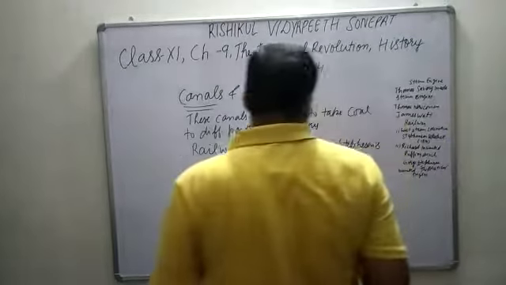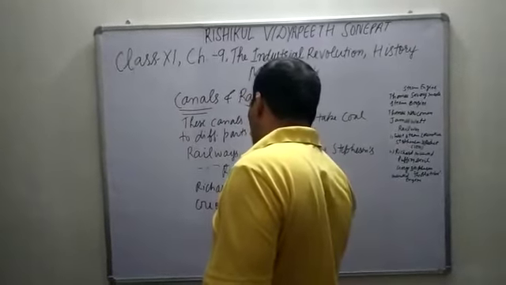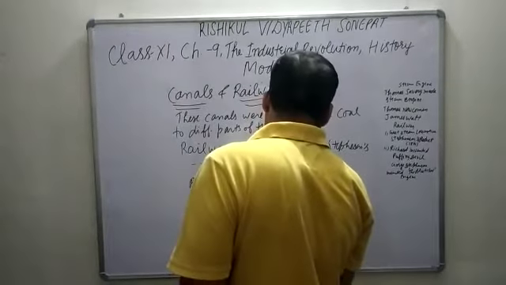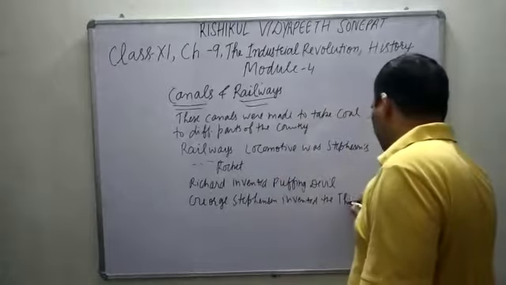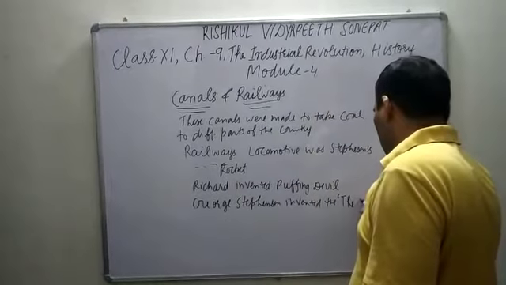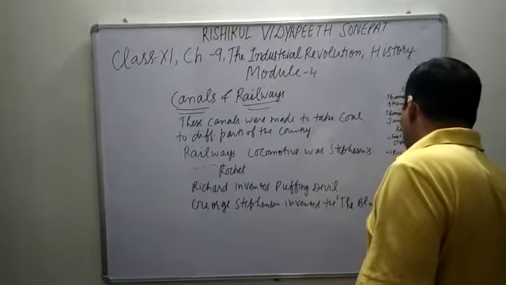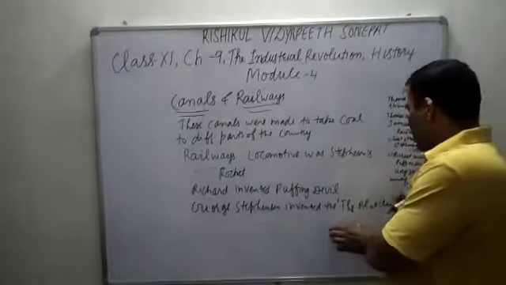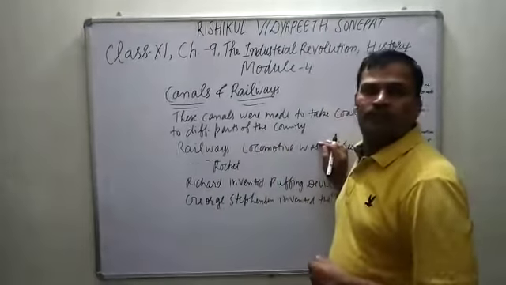Okay. Now next is another, George Stephenson. George Stephenson invented the Blücher engine. Okay. Stephenson was a railway engineer and he invented this, and it was used for the coming time even.